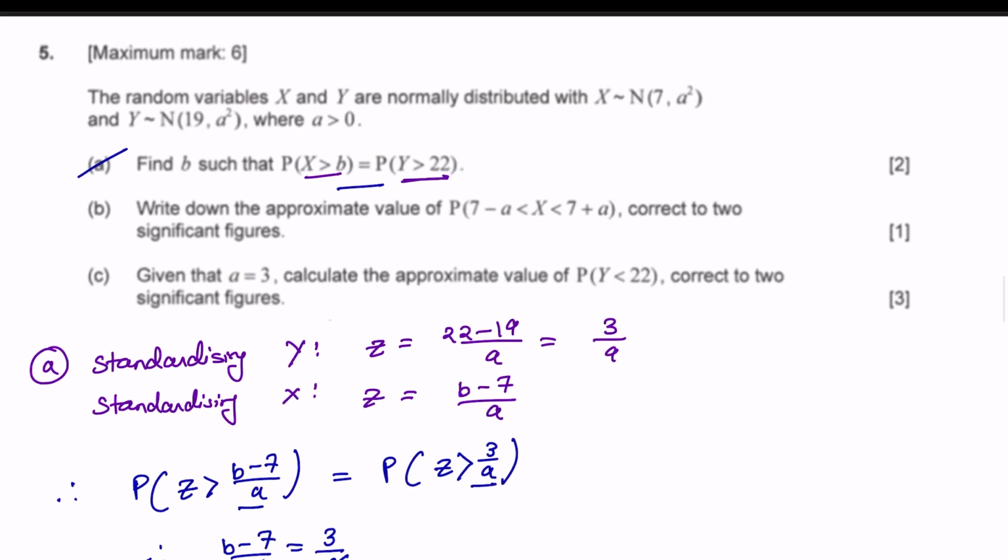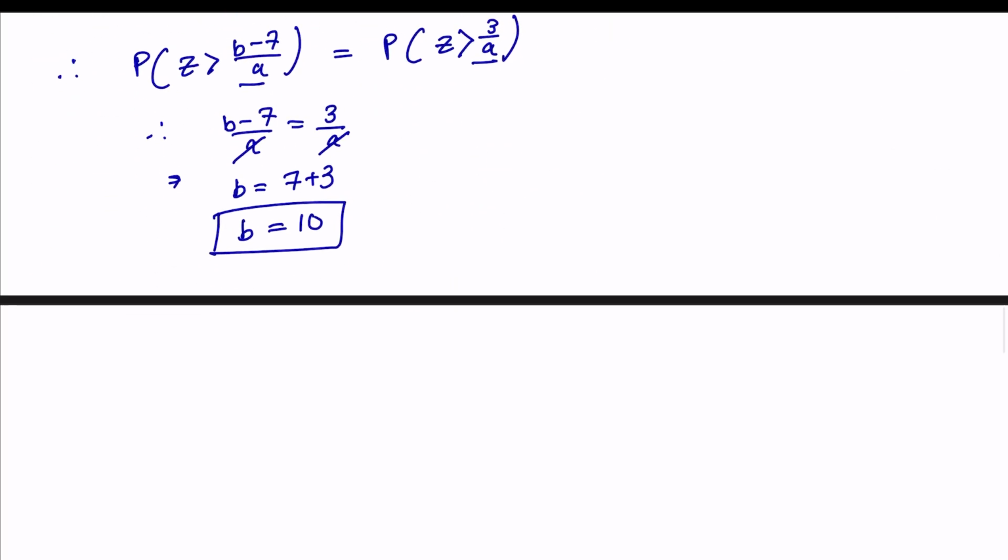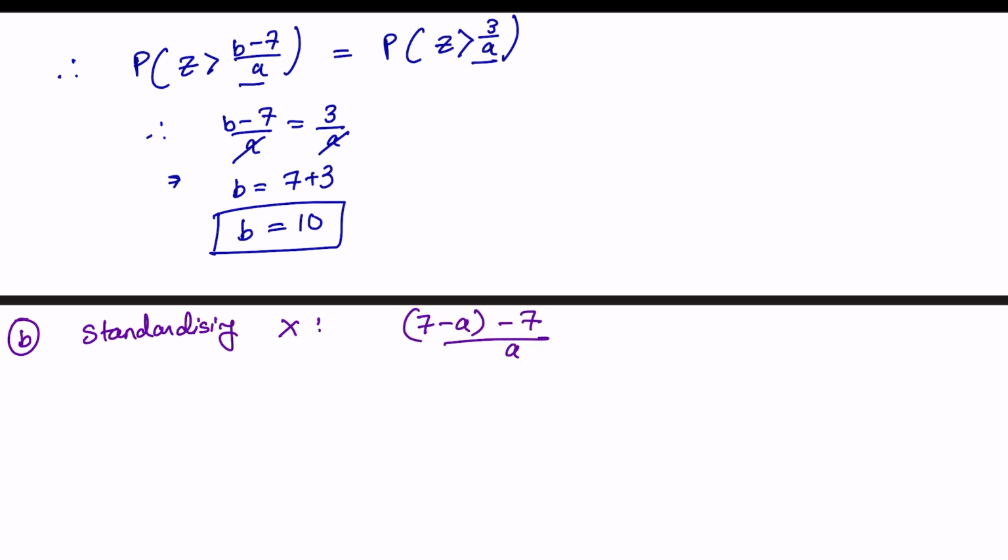Now moving on to part B, we have to find the approximate value of P(7 minus a less than X less than 7 plus a) to two correct significant figures. Again, we can just standardize this thing. The first one is 7 minus a. So (7 minus a minus 7) divided by a.